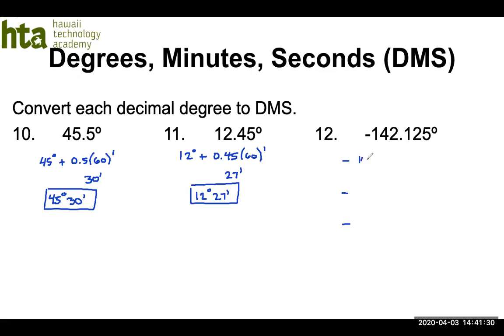So I'm going to take the 142 degrees, put it in front. I'm going to take my decimal 0.125 and I'm going to times that by 60 minutes.